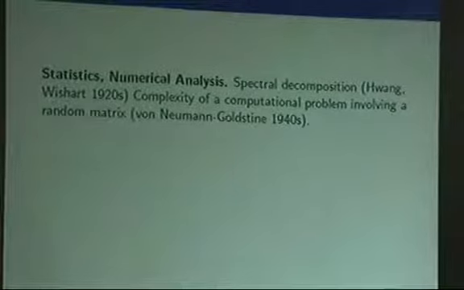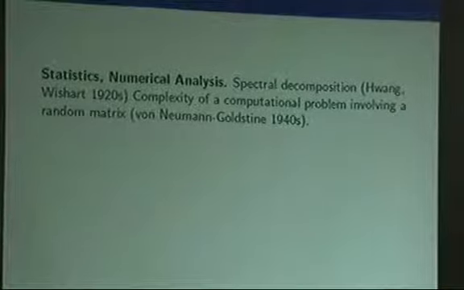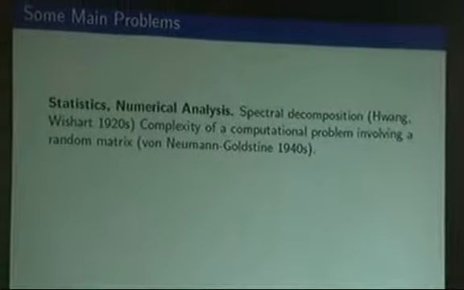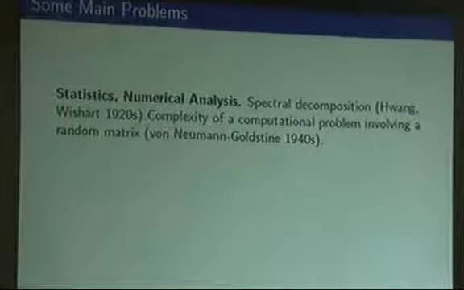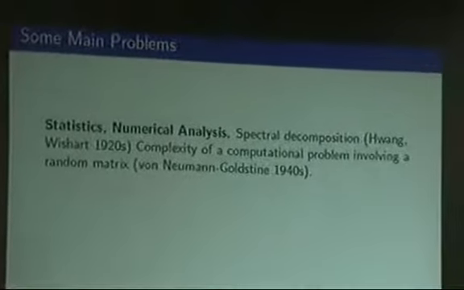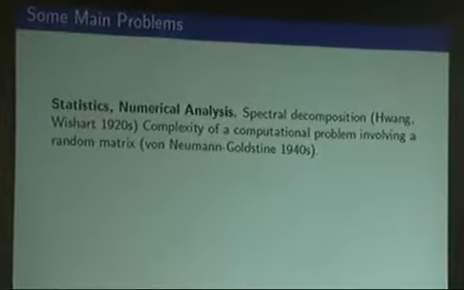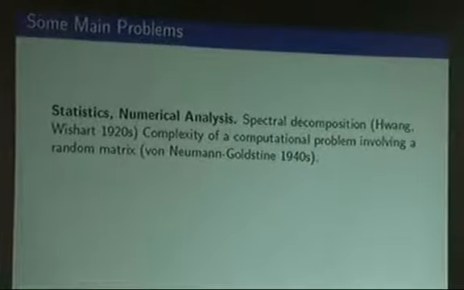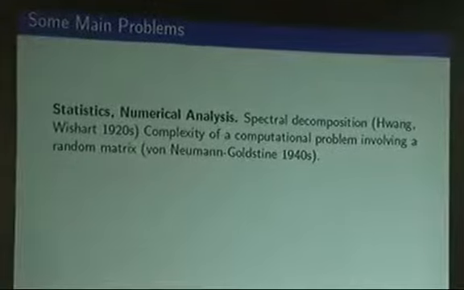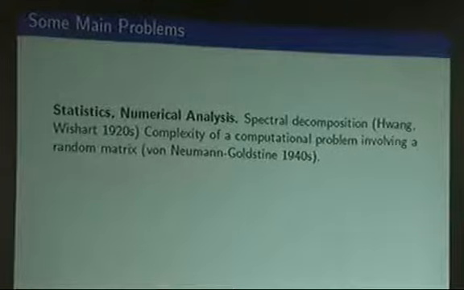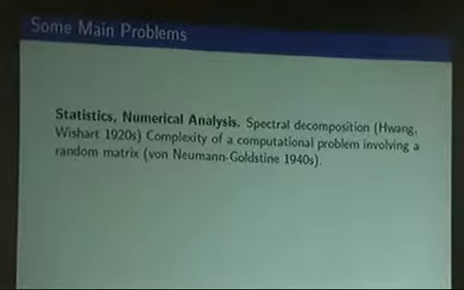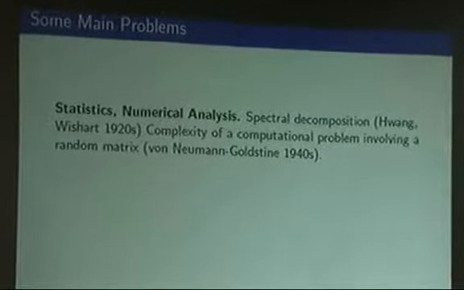Okay, so random matrices connect many areas. It is a very big topic. It was started in the 1920s by statisticians actually, and then in the 1940s it was considered by numerical analysts.